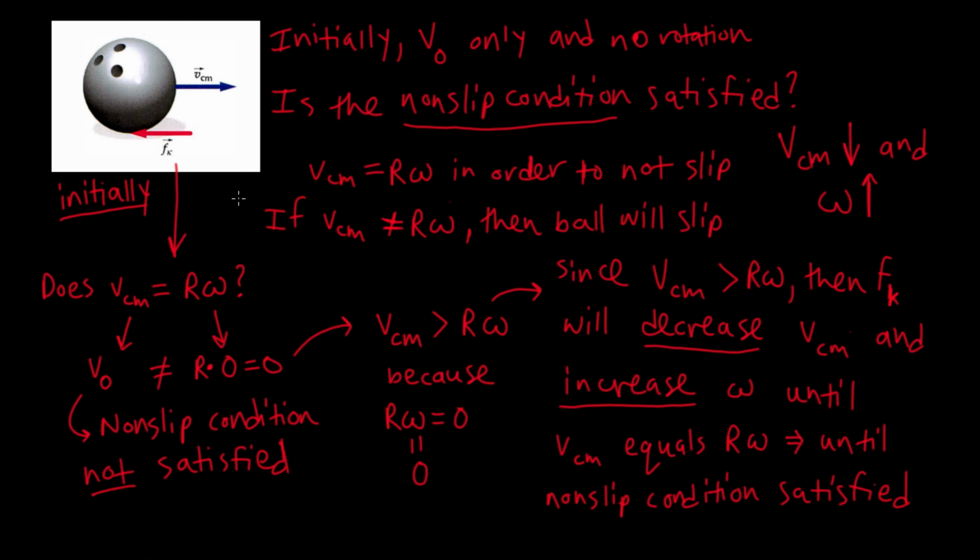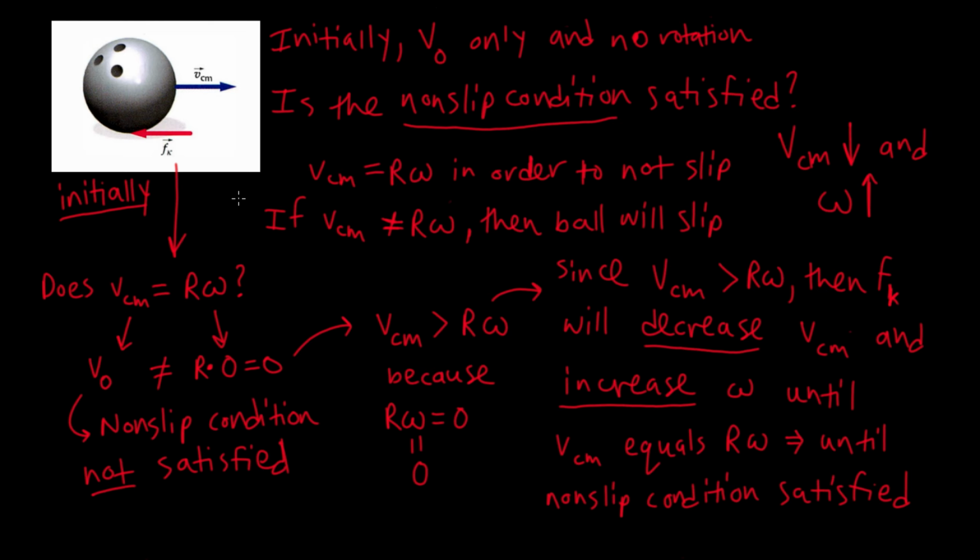So, using all of this information about the non-slip condition, let's now try to find the amount of time that it takes for the ball to go from its initial state of rolling with slipping until its final state in which the ball rolls without slipping.